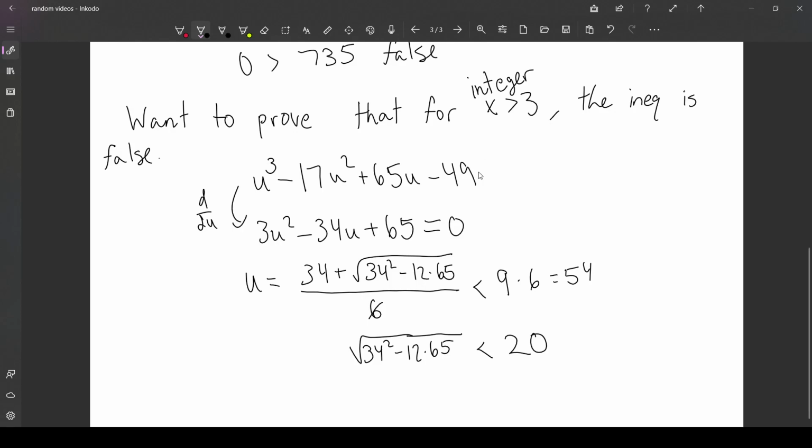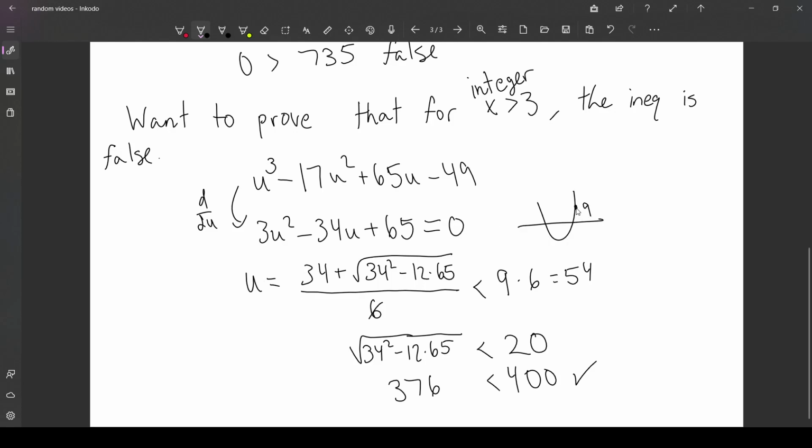Okay, and then you square both sides. On the right-hand side, you get 400, and on the left-hand side, you have 34 squared minus 12 times 65, which happens to be 376. So this inequality is true, meaning that 9 is on the right-hand side, right?